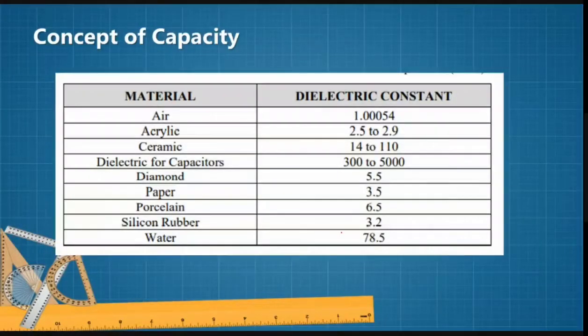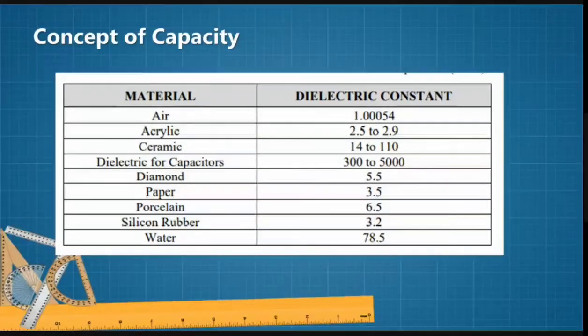And we can read the value of the dielectric constant of the different materials. Notice the compound of the thick film capacitor, which is made especially for capacitors and which reaches a dielectric constant 5,000 times greater than that of vacuum.